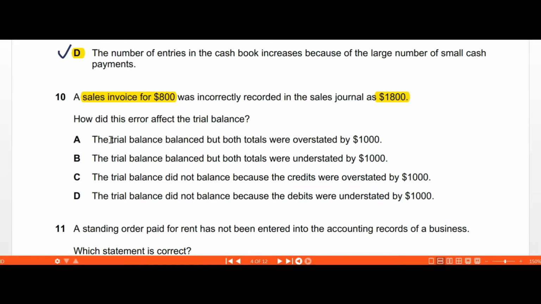Yes, the trial balance will balance because of this error. That's not affecting the balancing of the trial balance, because the sales invoice is for 800 and in the sales journal it is entered as 1800. So the trial balance will be balanced. B, the trial balance balanced, but both totals were understated by 1000. So we go with option A, that is, the trial balance balanced but both totals were overstated by 1000.